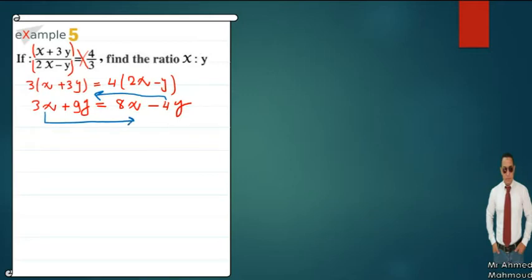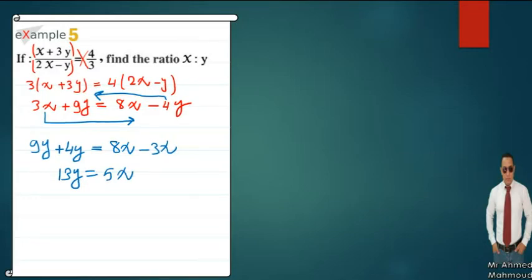It will be like this: 9y plus 4y equals 8x minus 3x. 9y plus 4y equals 13y. 8x minus 3x equals 5x.